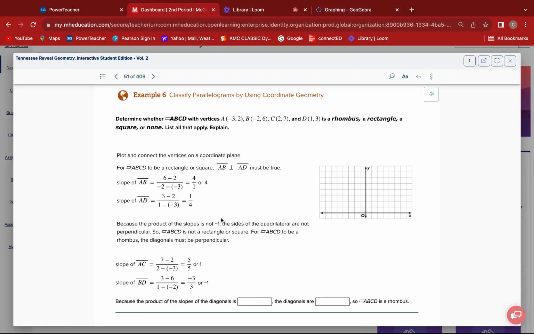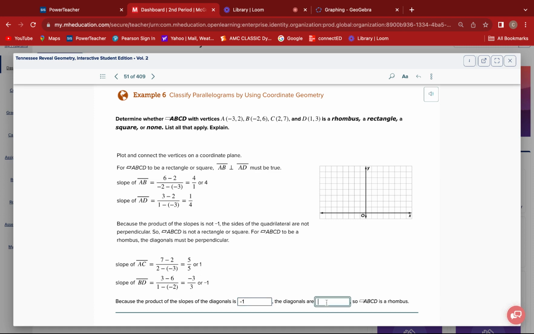All right, so going back to this. Well, there it is. It says it is anyway. All right. So it looks like they do the slopes of the diagonals. They are 4 and 1/4 for AB and AD. So that means they're opposite reciprocals. Okay, so the product of the slopes is -1.